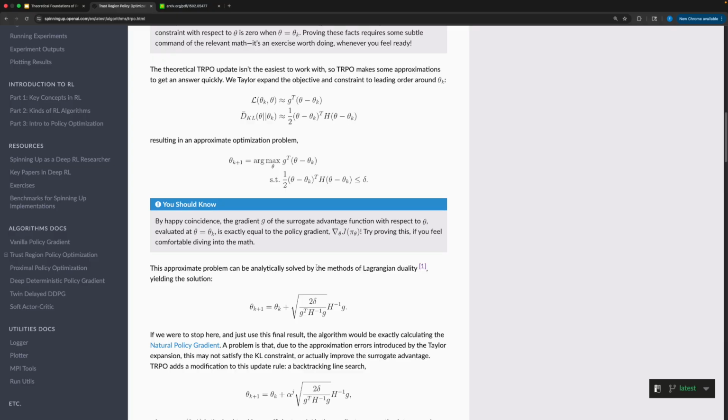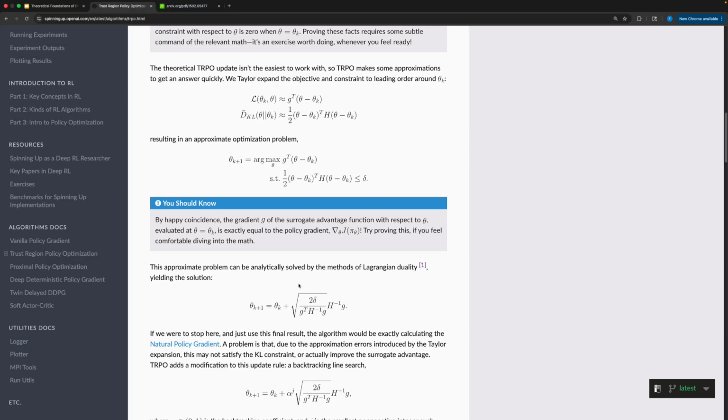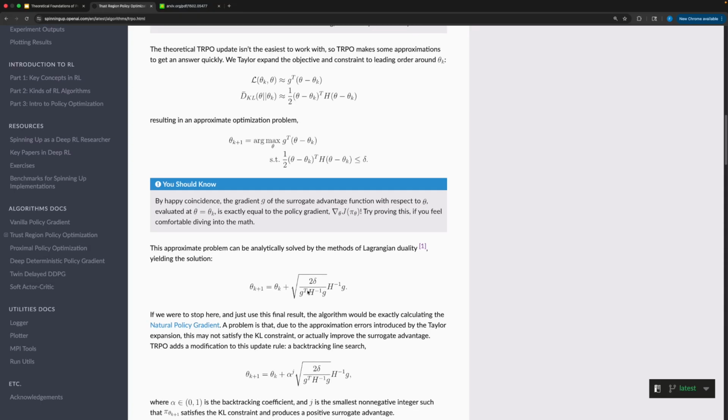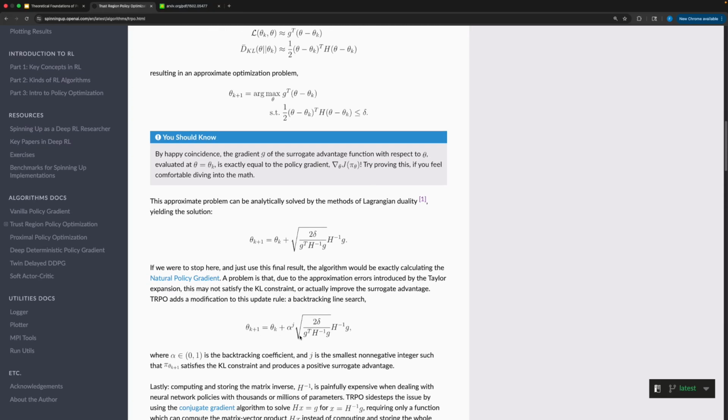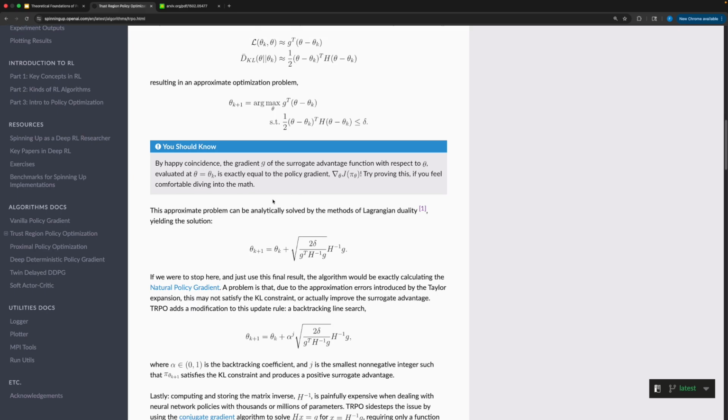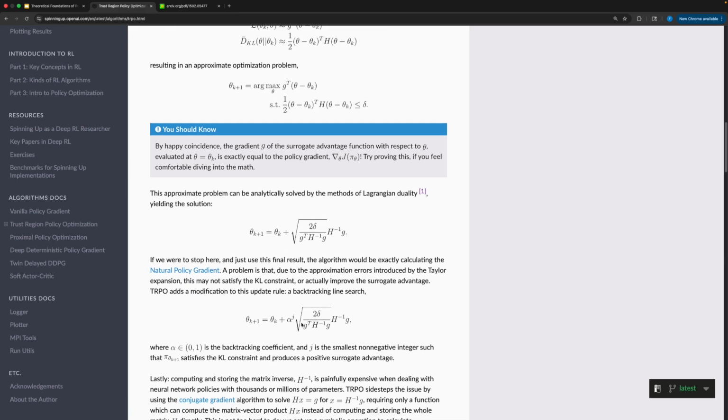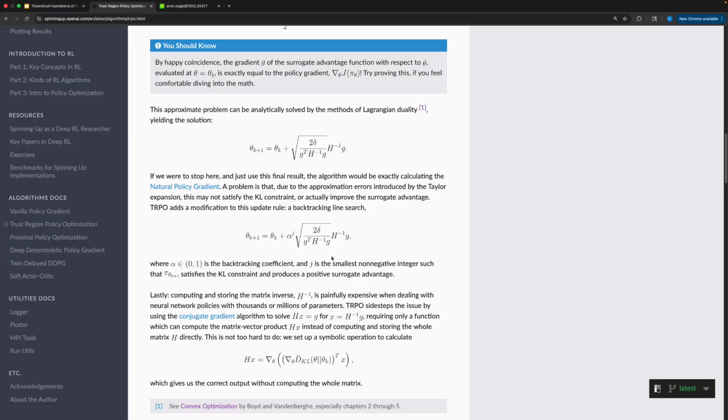Also, because of the errors that might creep in from the approximations, and because of the Monte Carlo estimates, instead of the exact update coming from this, they perform a backtracking line search to ensure that the new update also satisfies the constraint.